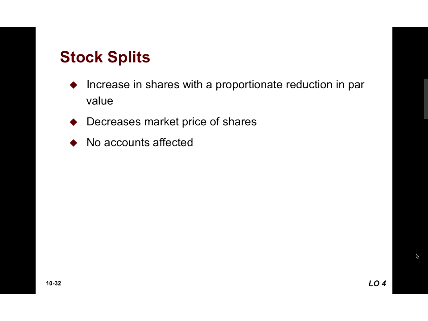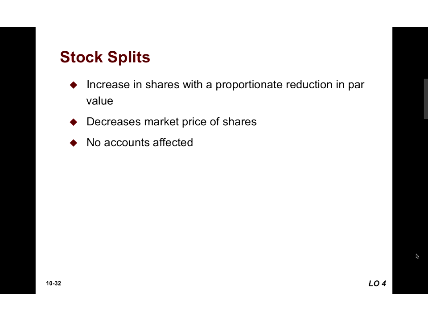When we have a stock split, there is no accounting involved. If a company has 10,000 shares and they do a 2-for-1 stock split, everybody will get twice as many shares.